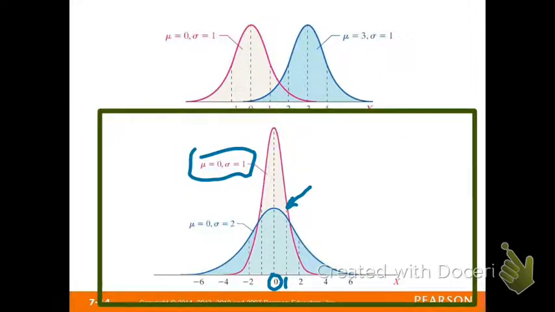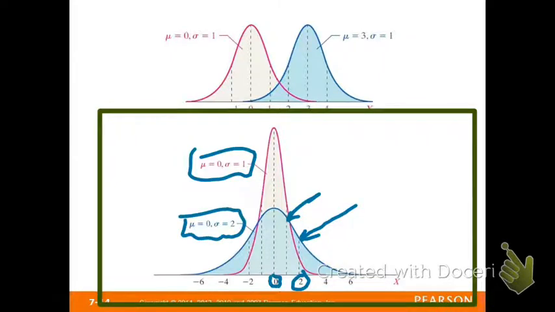But if we're talking about the blue graph, what they do have in common is that the blue graph still has a mean of 0, but the graph doesn't change concavity at that point. The graph changes concavity at this point. And so our standard deviation is 2, okay, and that makes the graph spread out and more lazy, right?